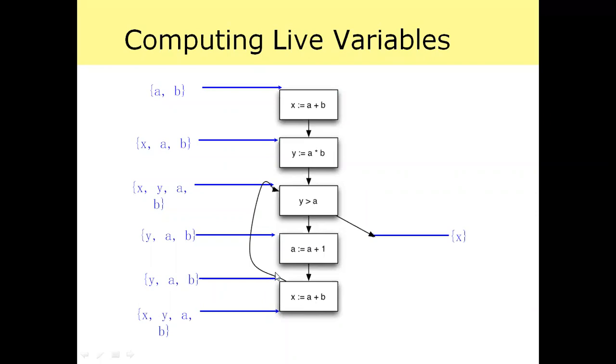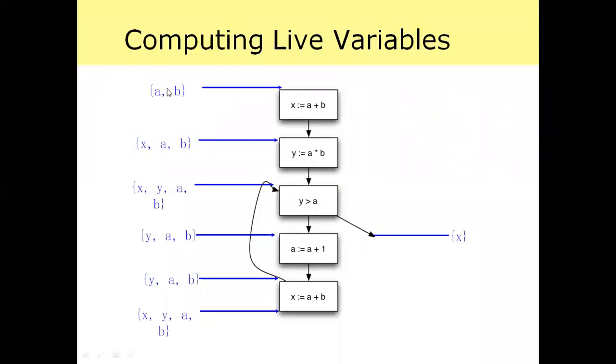With the value of y, I computed this, and now with x, a, b, and y, the computation takes place. And finally, it depends on x. So here we're computing x. Is it clear? And these we can call live variables.